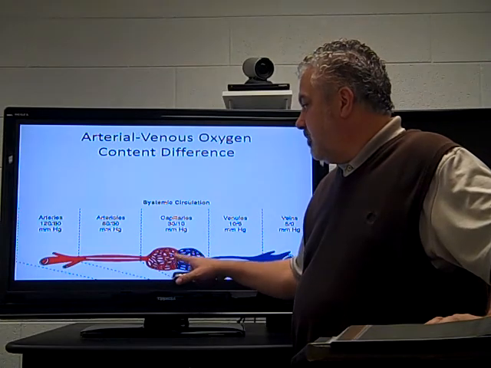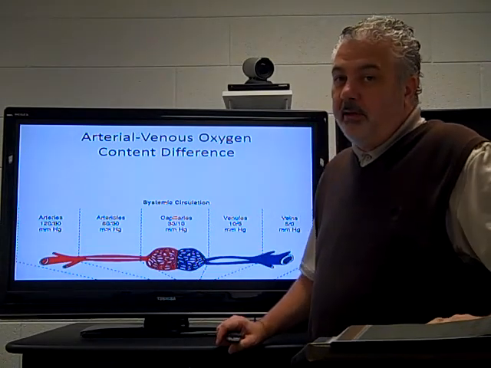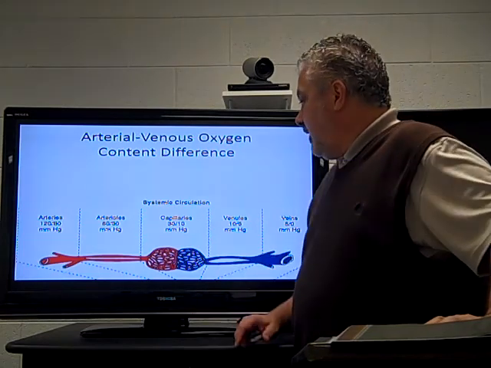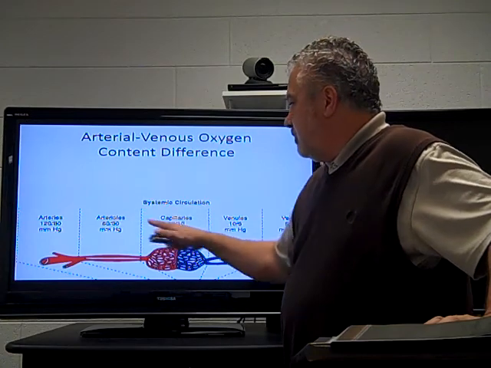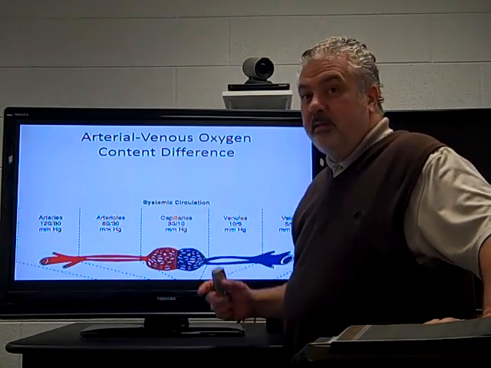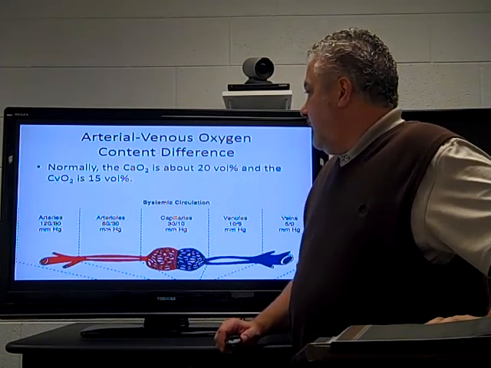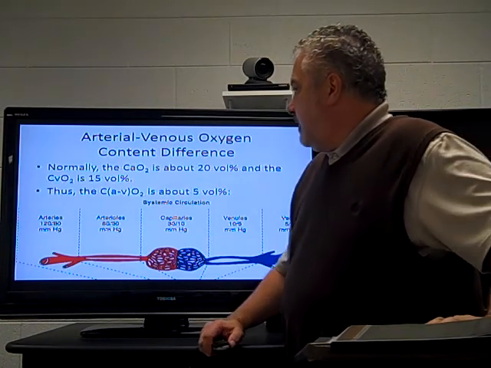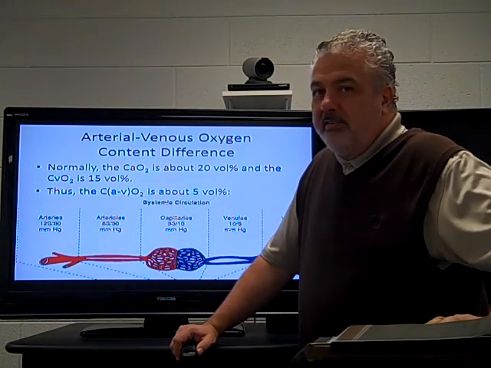They're carrying oxygenated blood to the tissues, giving up the oxygen to the tissues at the capillaries, and then returning in veins. If we put CaO2 on this side and CvO2 on this side and compare those, the difference is how much got off at the tissues. And that's what is basically being illustrated here. The normal for C(a-v)O2 is around 4 to 5 vol percent.